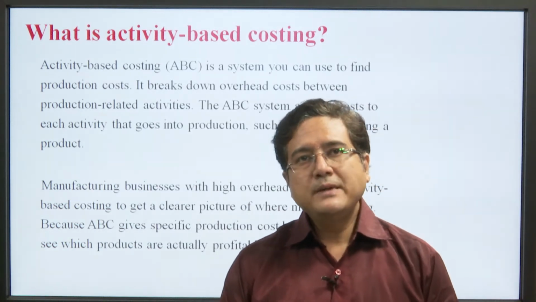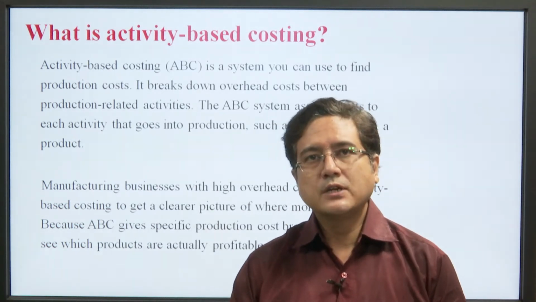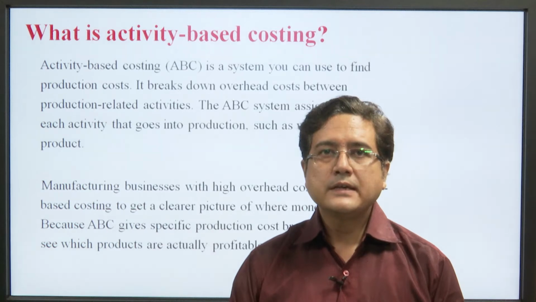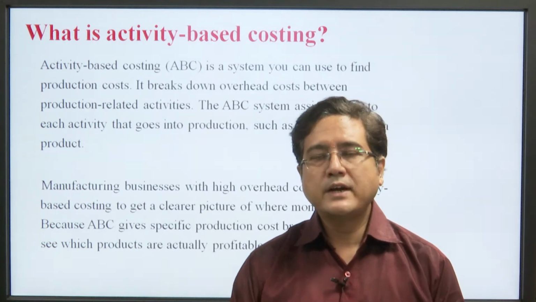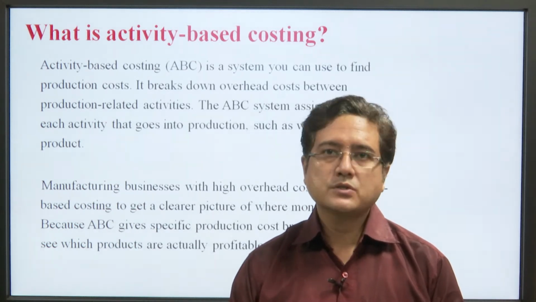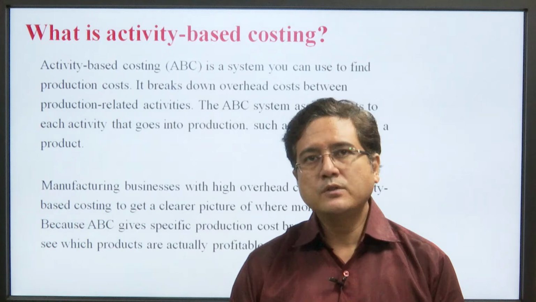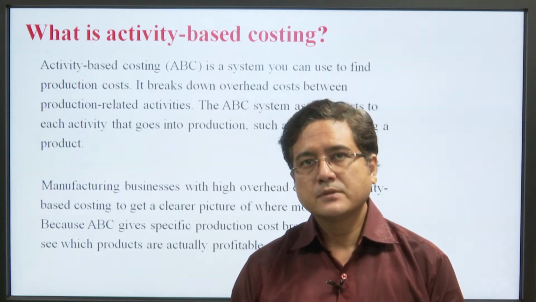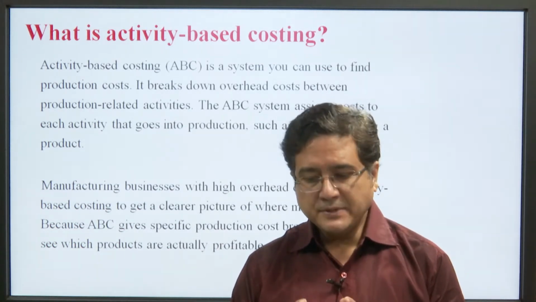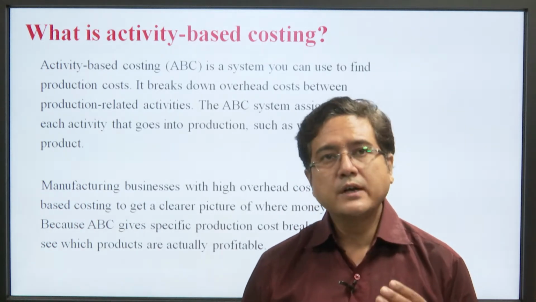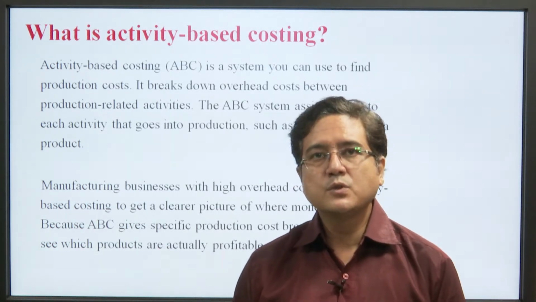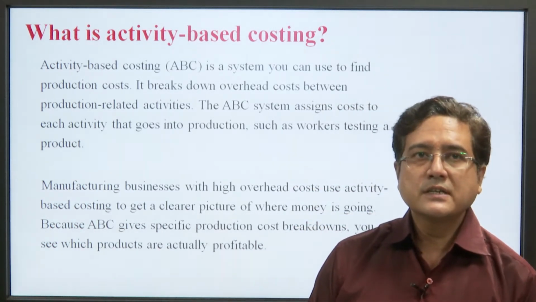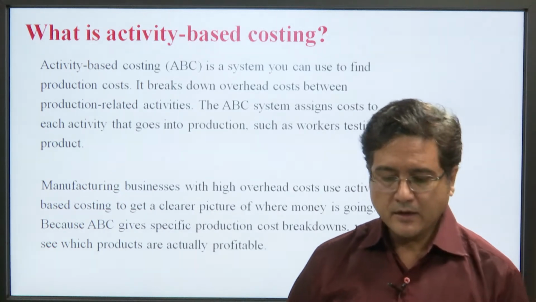Activity based costing, generally known as the ABC method, is a system you can use to find out the production cost. It breaks down the overhead cost between the production related activities. The ABC system assigns the cost of each activity that goes into production, such as a worker testing a product.